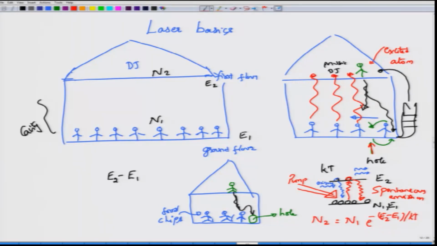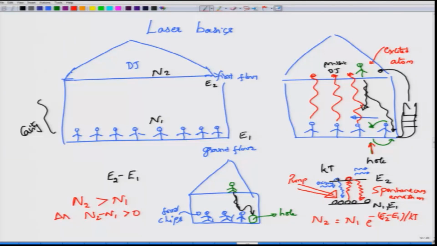This is under simple equilibrium, no pumping. So N2 will be sparsely populated, but when you pump and excite, it is possible to create a situation where N2 will be greater than N1, or the difference N2 minus N1 will be greater than 0.